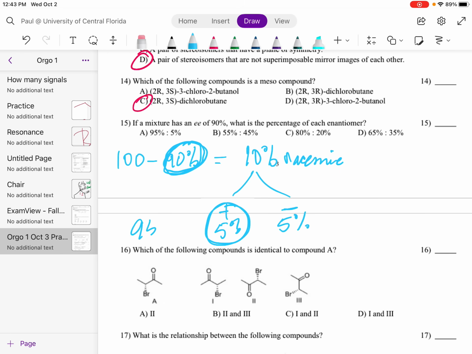So that makes that 95%. And then what's left over? That piece. So it's a 95 to 5% of each enantiomer. So that would be answer A.